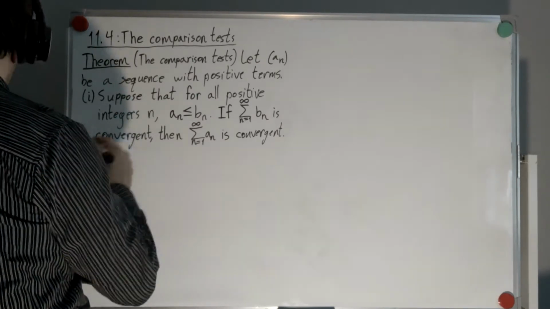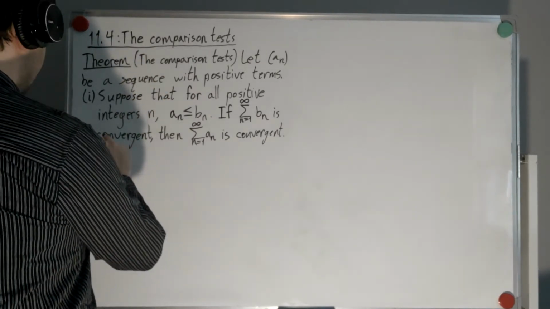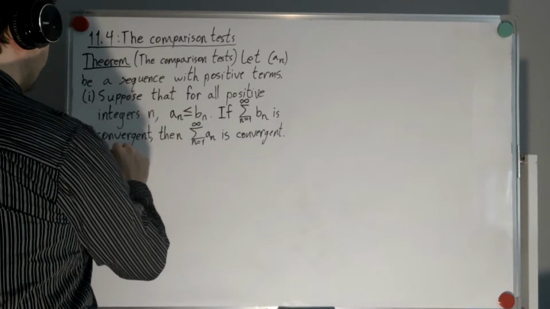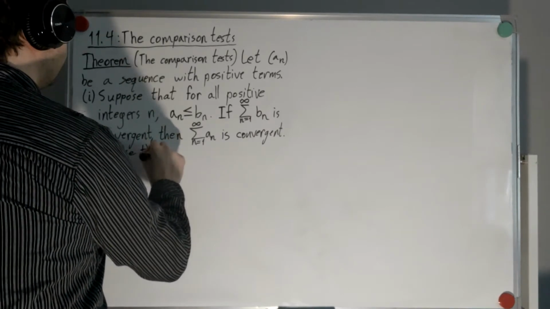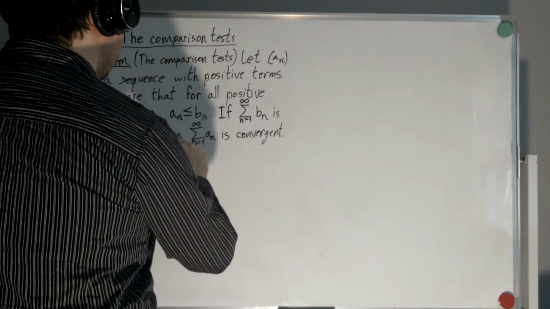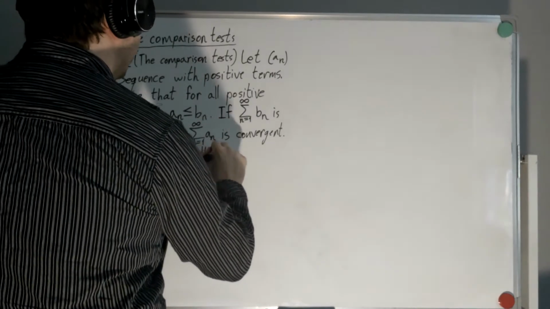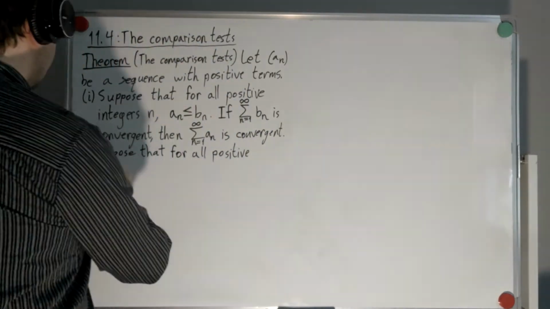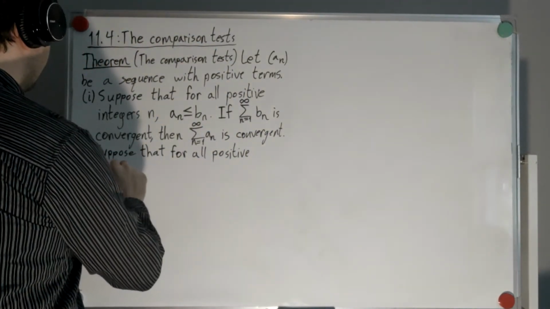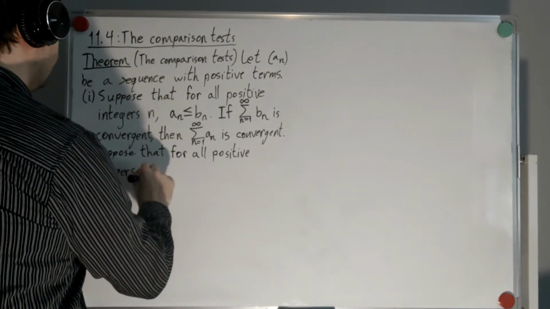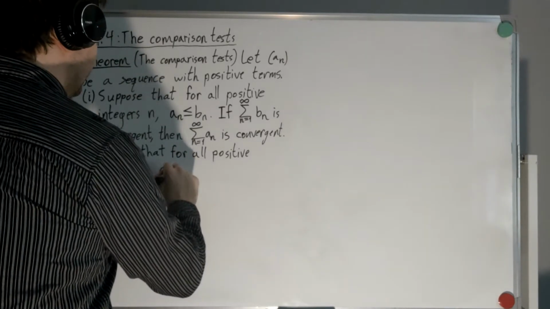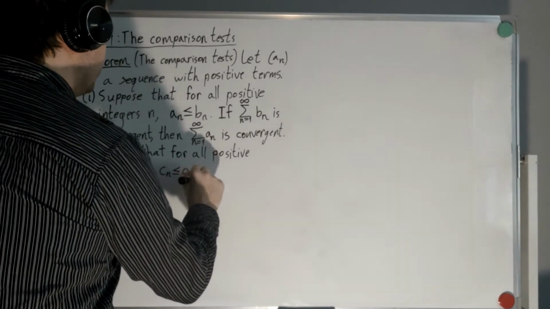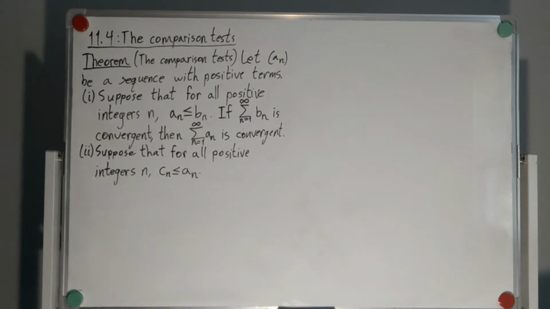Part 2 is probably what you're expecting. Suppose that for all positive integers n, Cn is less than or equal to an. So now we're saying an is bounded below by Cn.